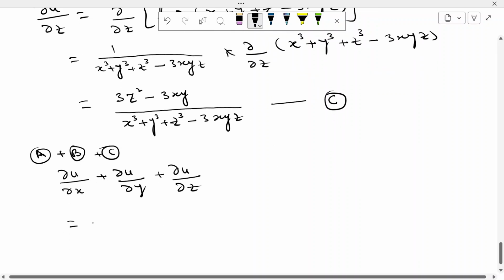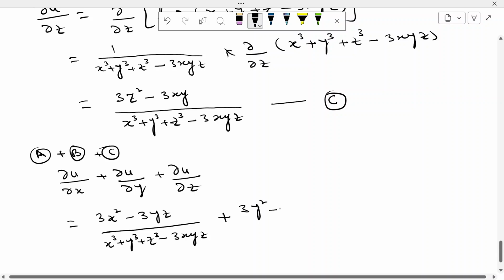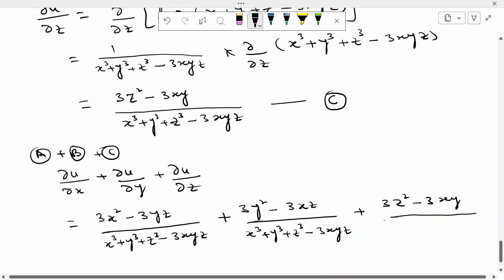So this will be 3x square minus 3yz over x cube plus y cube plus z cube minus 3xyz, plus 3y square minus 3xz over x cube plus y cube plus z cube minus 3xyz, and in the last term we are having 3z square minus 3xy over x cube plus y cube plus z cube minus 3xyz.